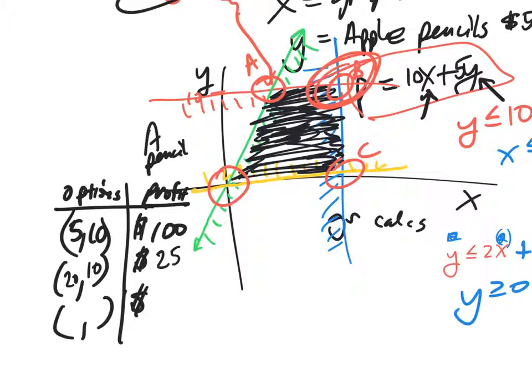Do you get $250 profit there? All right. And then the last spot, which would be 20 comma 0. Well, just logically, can you see that's going to be less profit? They don't sell any of the Y's, which would be the Apple Pencils. So they're only making 20 times the 10 is $200. There we go. That was the best.